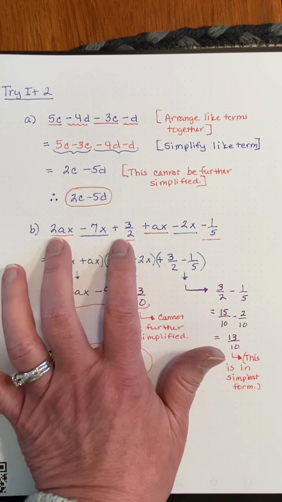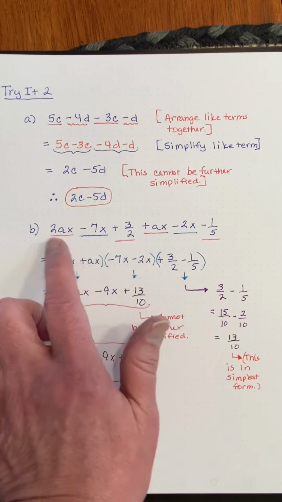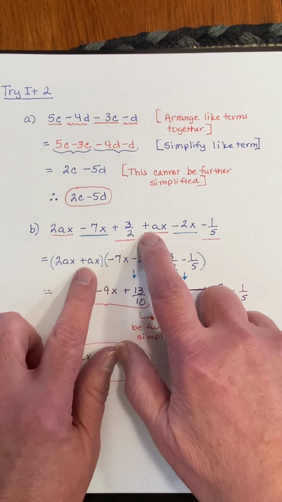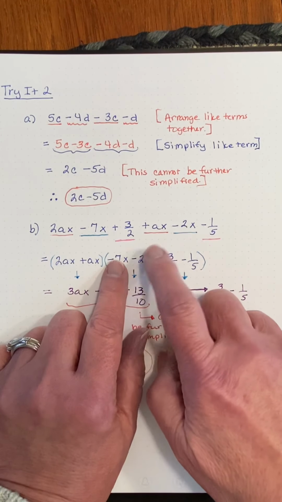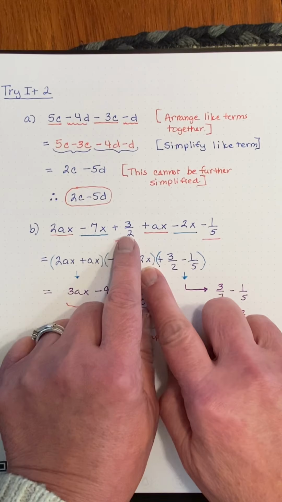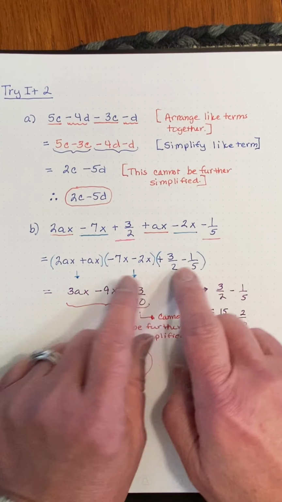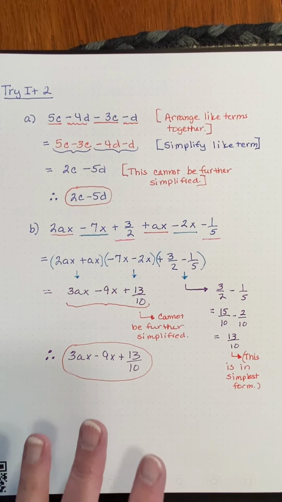So I have three separate things here. So I'm going to combine my ax's first. So I have positive 2ax and a positive ax, and then I have a negative 7x and a negative 2x, and then I have a positive 3/2 and a negative 1/5. At this point, I just put parentheses around so I keep straight what I need to do.